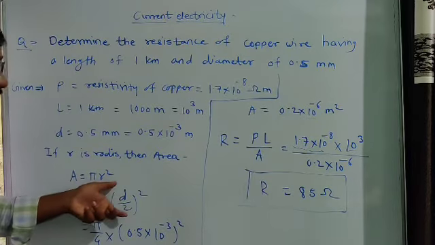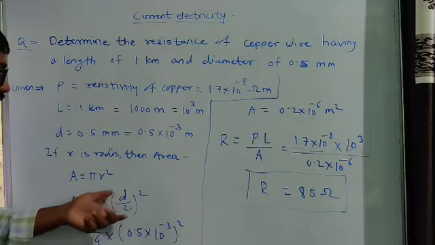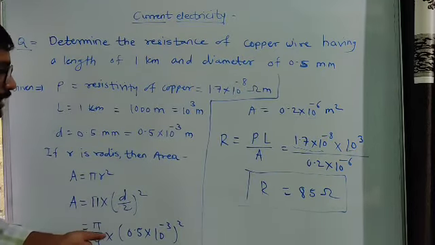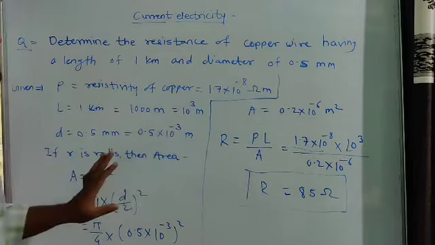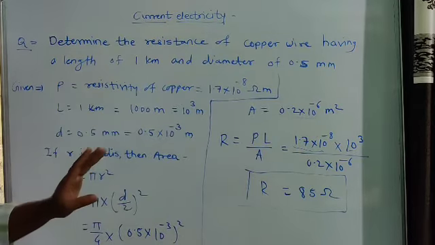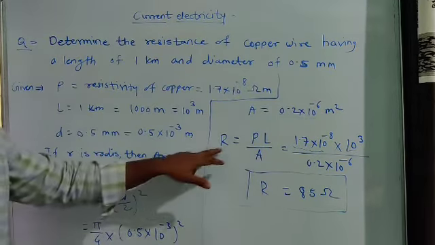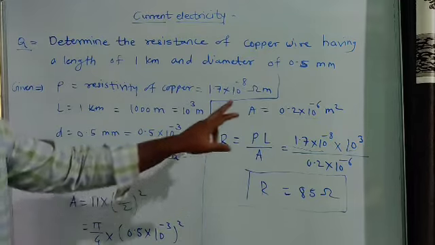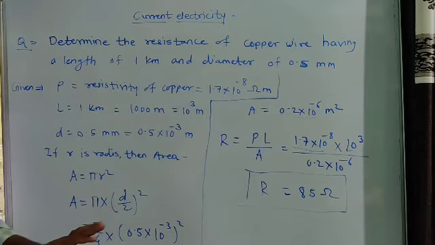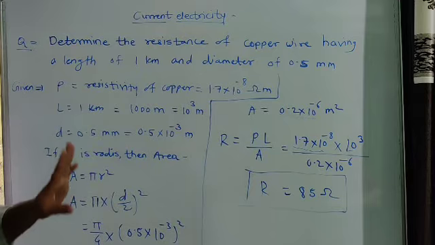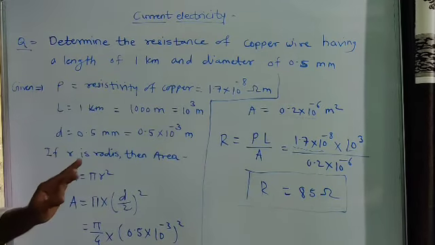So pi r square becomes pi into (d by 2) whole square. First we calculate the area, 0.2 into 10 raised to minus 6 meter square. Then resistance is given by rho L by A, where rho is the resistivity, L is the length of the wire, and A is the area of the wire.